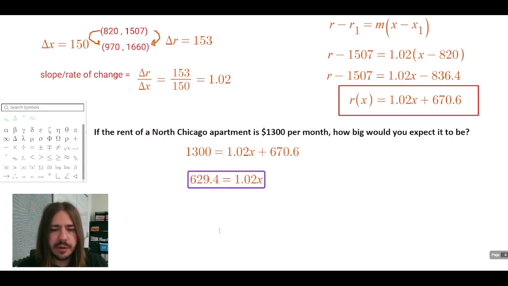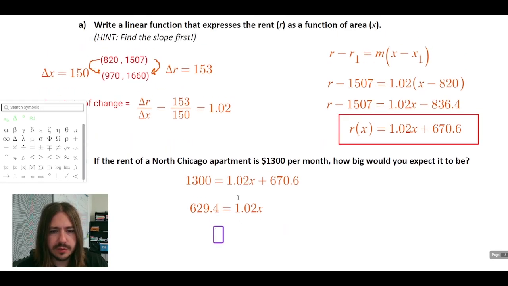And then if we divide both sides by 1.02, we get about, right, 1,300 should be bigger, right?